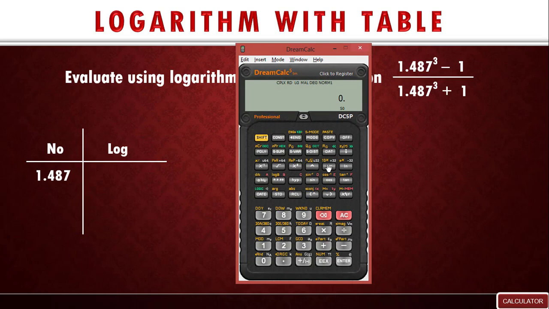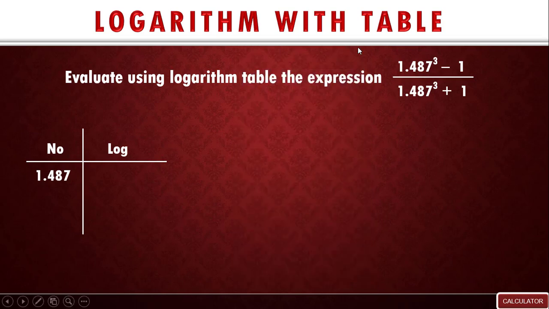Okay, we're going to press log 1.487. I will press equals to, then we have that to be 0.1723.